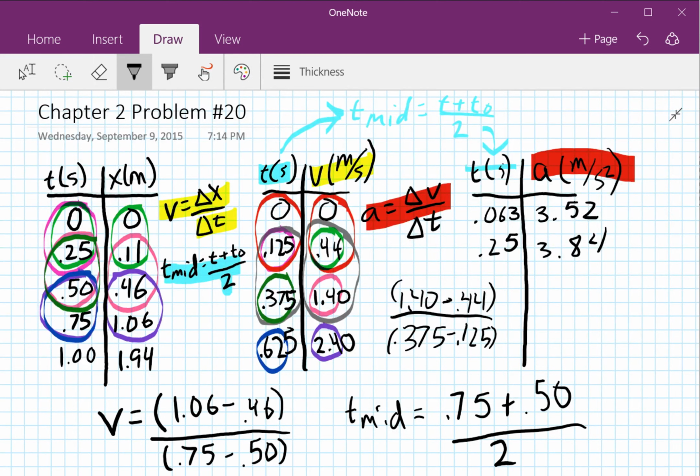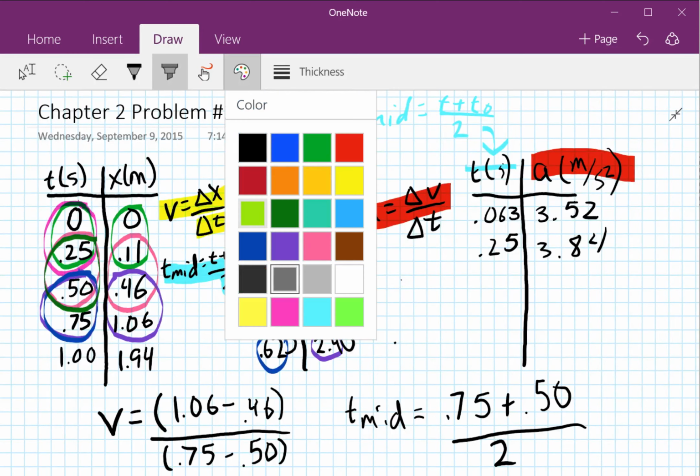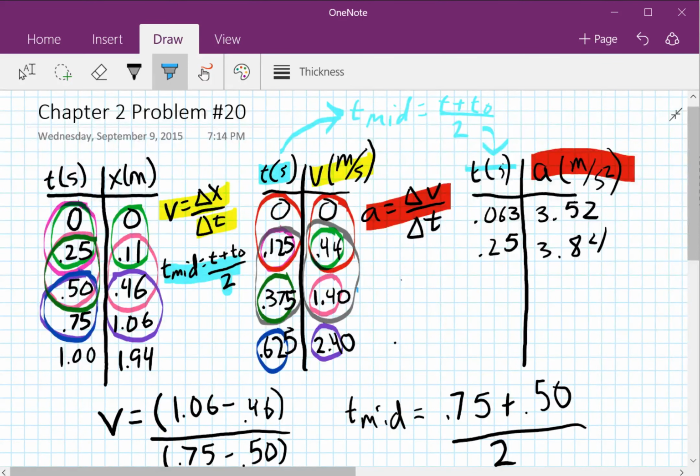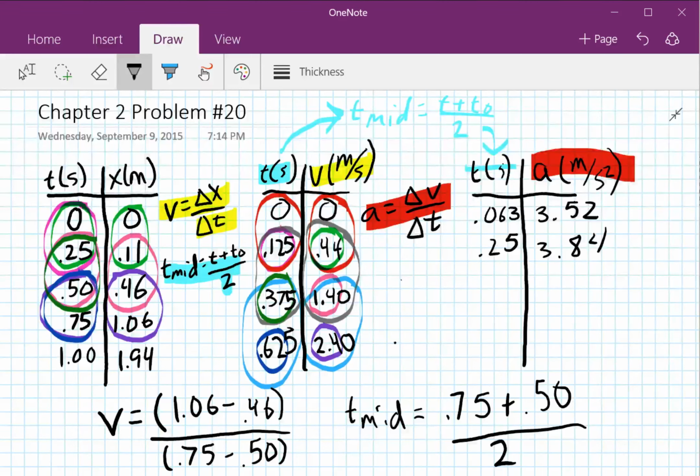I'm going to go ahead and erase this that I just put in there so I have room. Do one more. I don't think I've done this blue yet. So here's a pair. Here's a pair. 2.4 minus 1.4 divided by 0.625 minus 0.375, and you should get a value of 4, so 4.00.